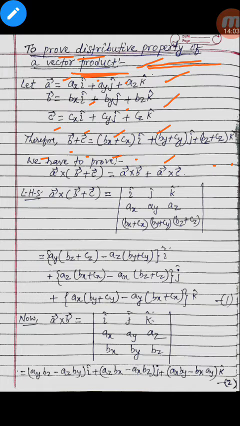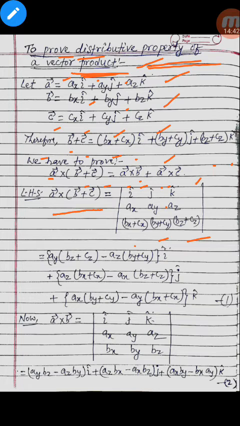Now we have to prove a cross (b plus c) equal to a cross b plus a cross c. Let us take the LHS, a cross (b plus c). We can write this in the form of determinant as i j k, then ax ay az, then bx plus cx, by plus cy, bz plus cz.